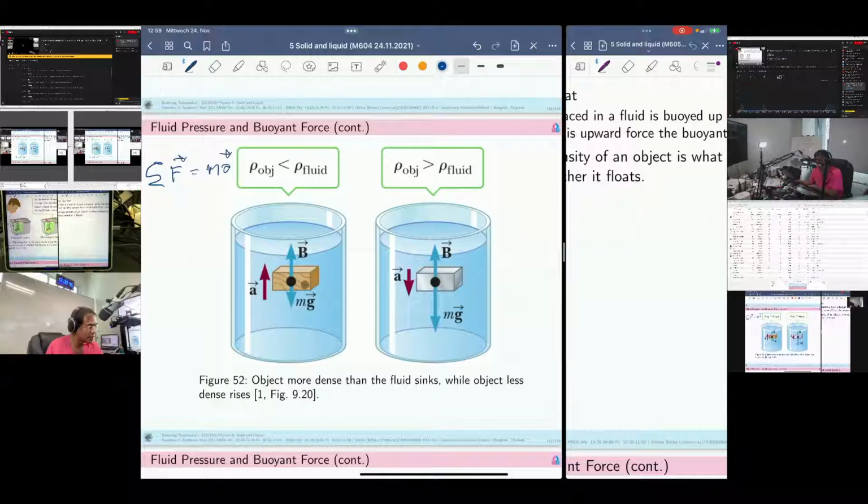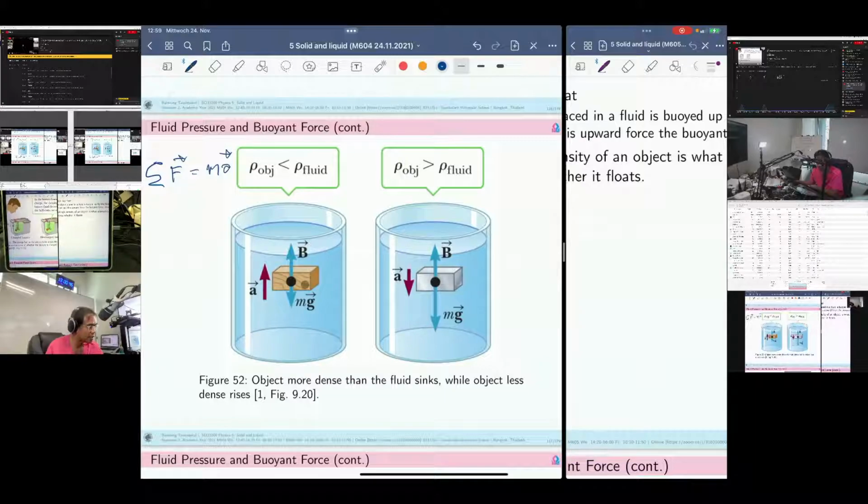Let's say these two objects have the same volume. We have a single volume for these two objects, but the density of the silver cubic here is greater than the one on the left, which may be wood. This is a kind of metal.